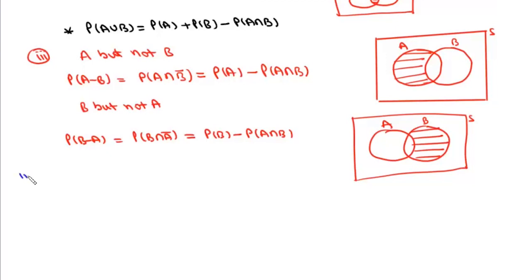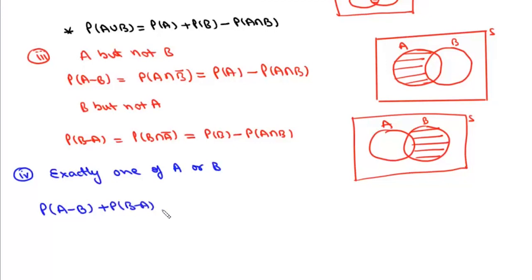Now fourth one is exactly one of A or B. That means we are talking about probability that either A occurs, B does not occur, or B occurs and A does not occur. That means we are talking about this probability of A minus B plus probability of B minus A, and it is probability of A intersection B naught plus probability of B intersection A naught.